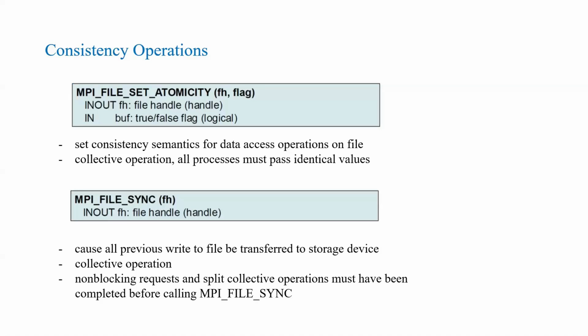And then the other one is consistent operations. Sometimes you need to do it atomically, or in case you need to issue synchronization calls, you can have it as well. Okay, so I will not cover these in detail.